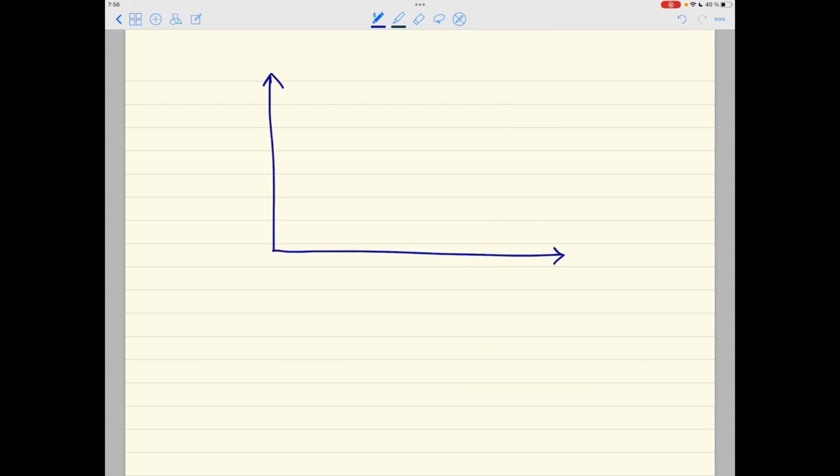So along the x-axis, we can have the temperature, and on the y-axis we have admit or don't admit, right? If you admit to a hospital, then we can assign a value of 1, otherwise a value of 0.